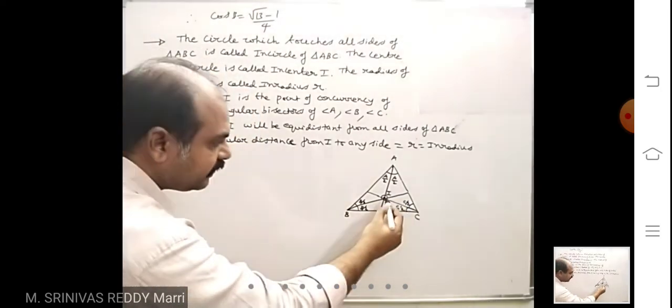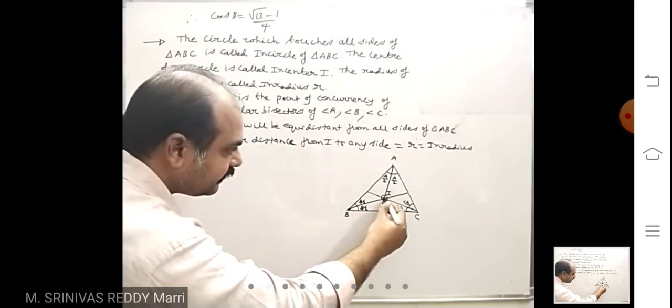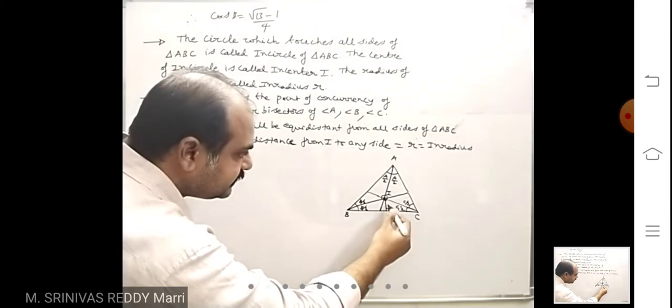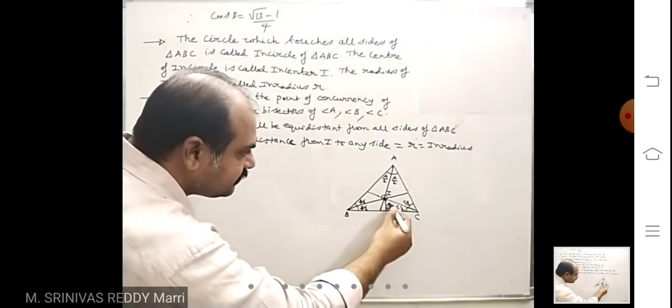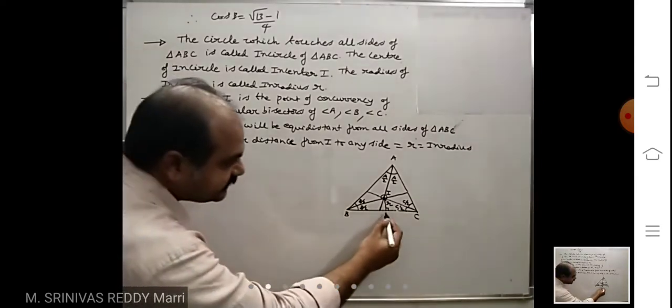From I to BC, I am dropping a perpendicular. This distance is called the inradius, small r. Let us say this is D.